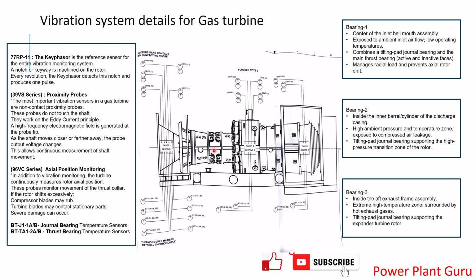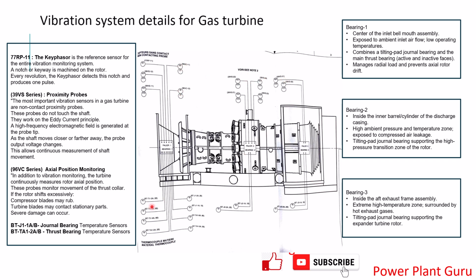This is based on what I have been working on and what I have experienced with 6B and 9E machines. There may be different arrangements for different machines, but this video will give you an idea of how a typical arrangement looks.